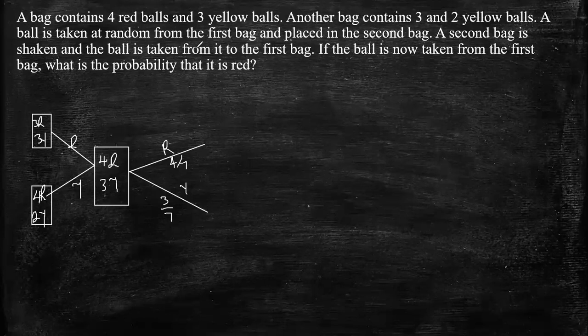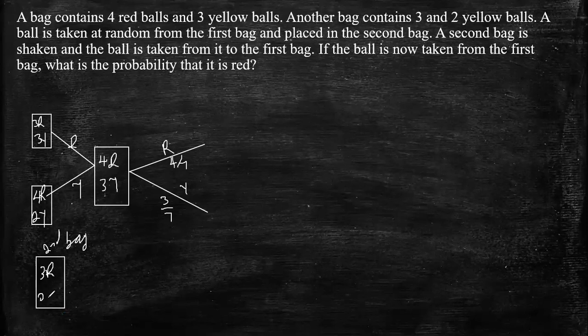Then, a ball is taken at random from the first bag and placed in the second bag. So what do we have in the second bag? We can also draw it somewhere down here and we call it second bag. Second bag has 3 red and 2 yellow.